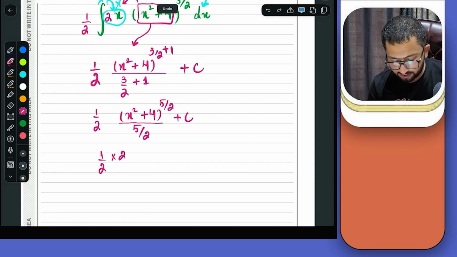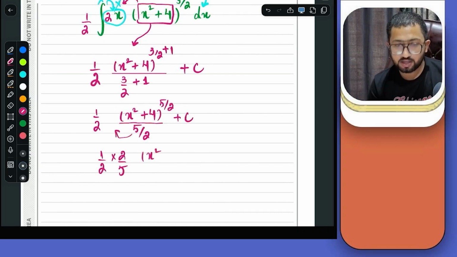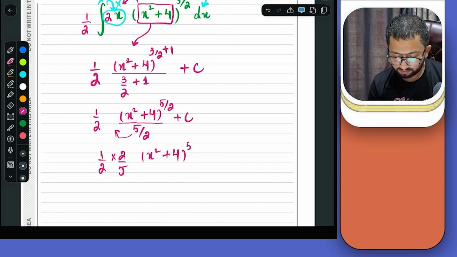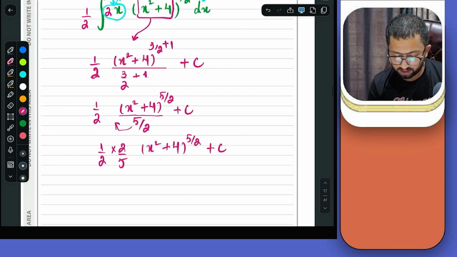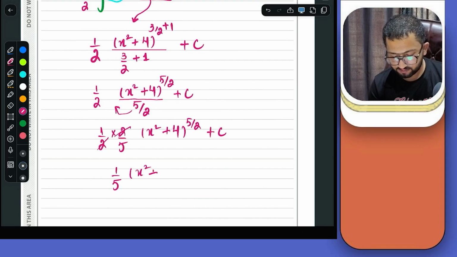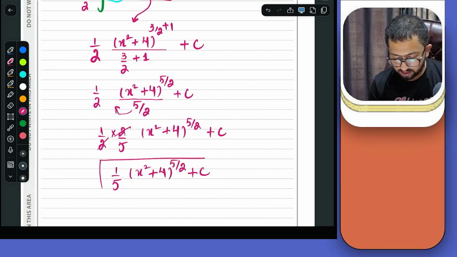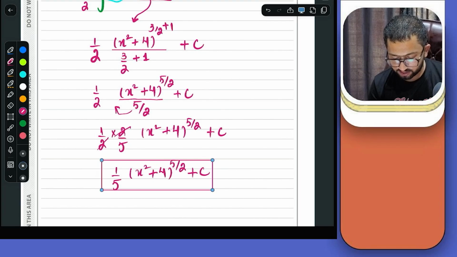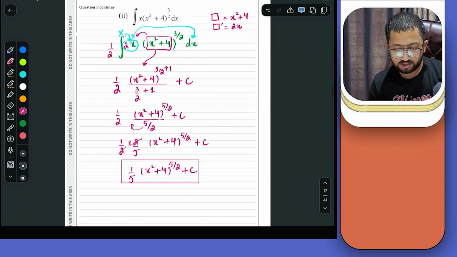Obviously it will flip, everyone knows. Whenever you shift a fractional term from denominator to numerator, it will always flip. Now it can be cancelled out, so the final answer will become this one. So this is our final answer of this question. All right.